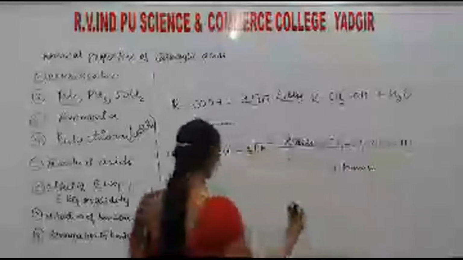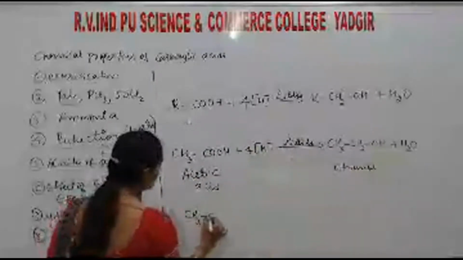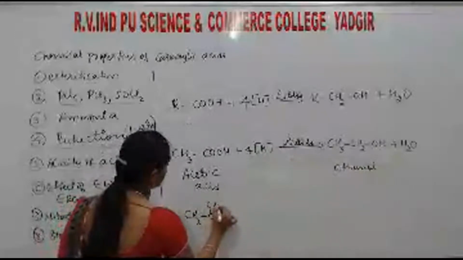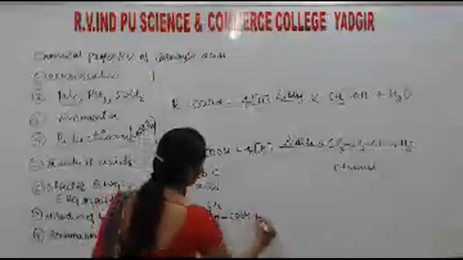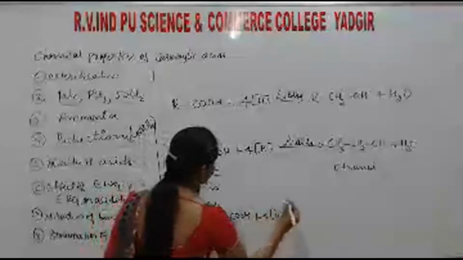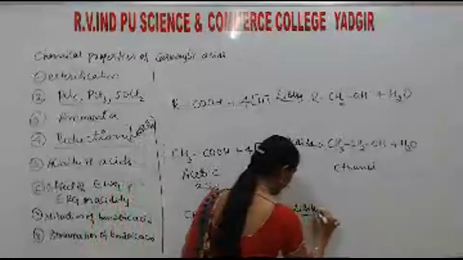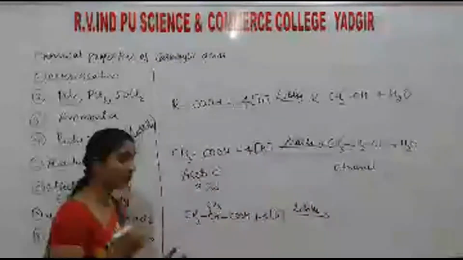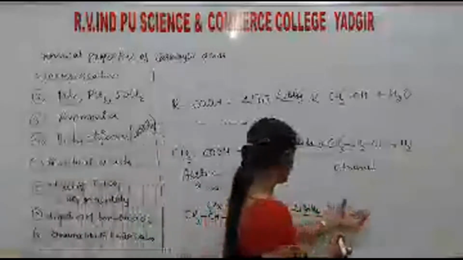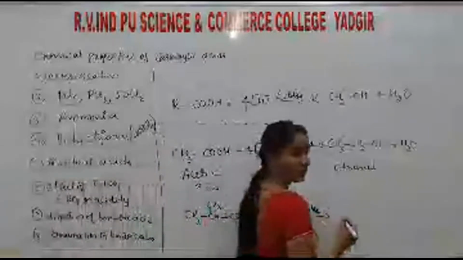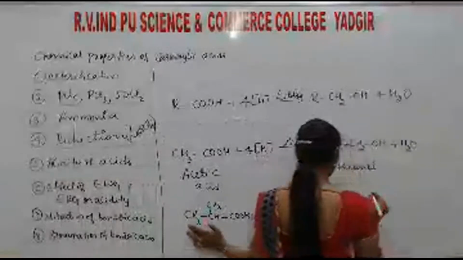So I'll take another example here. CH3, CH, CH3, COOH. This type of branch example I took here. So what is the product formed here? Yes, this CH3 is as it is.